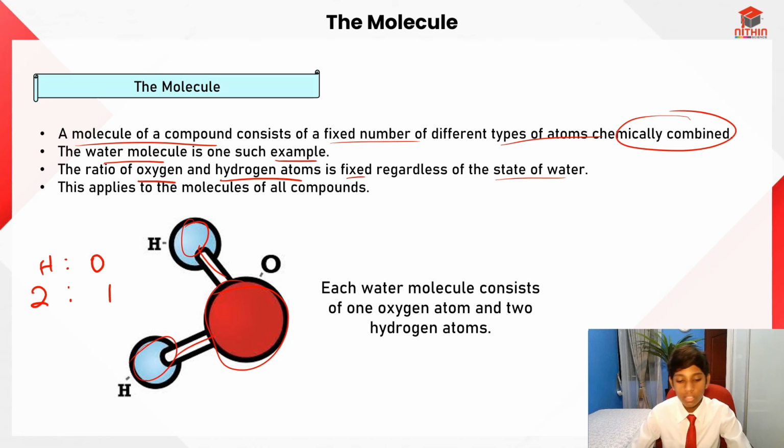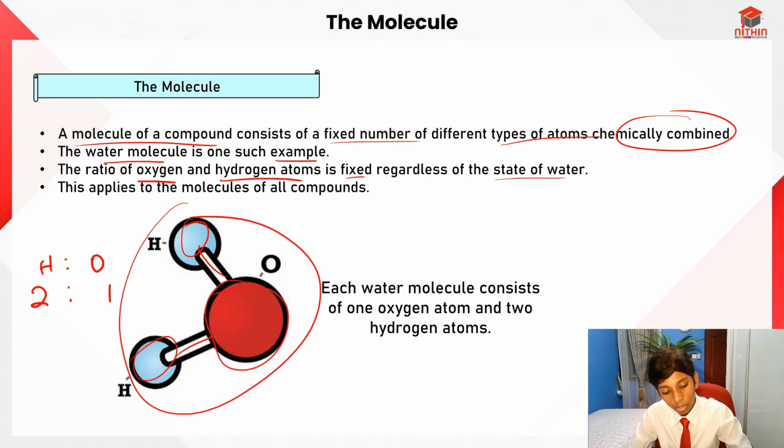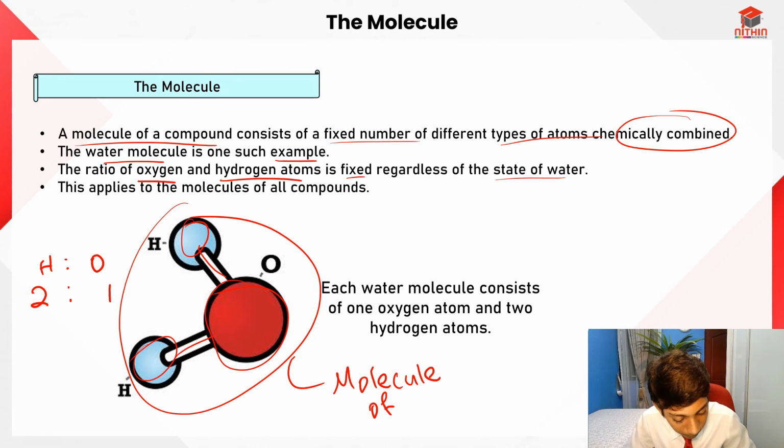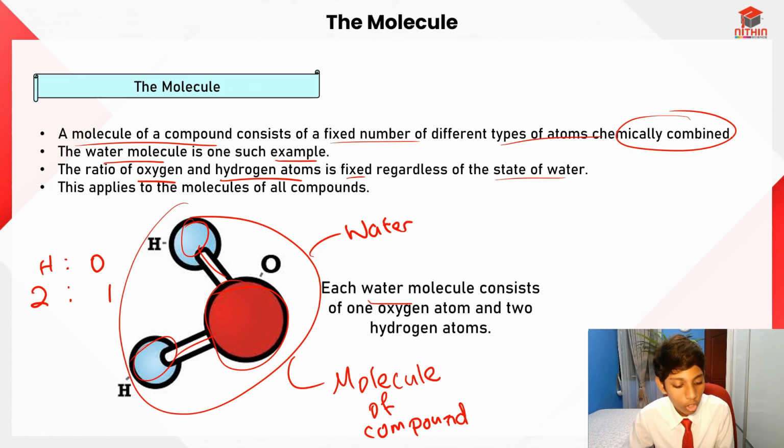And this is actually the molecule of a compound. And this is actually water. Each water molecule consists of 1 oxygen and 2 hydrogen atoms. So this is something that we need to know.